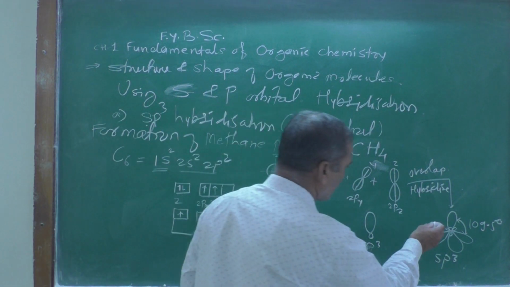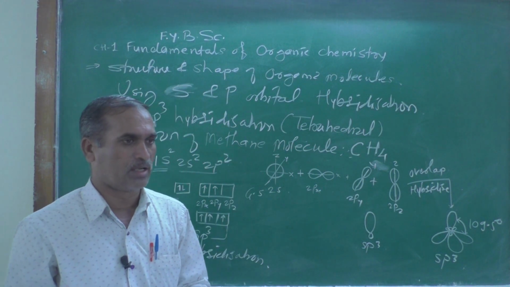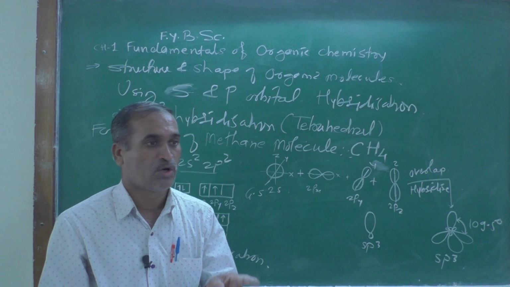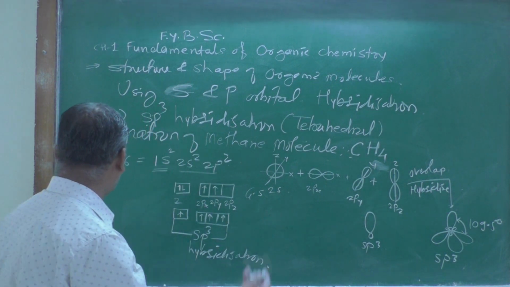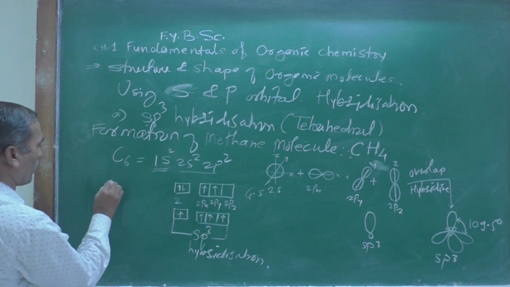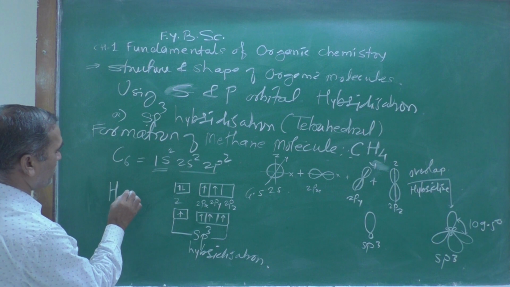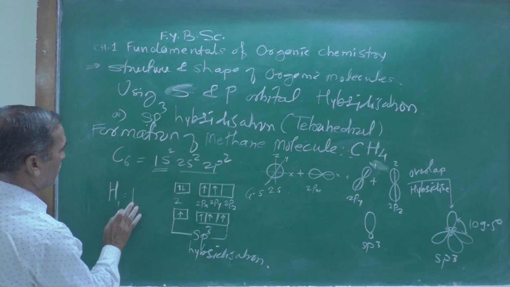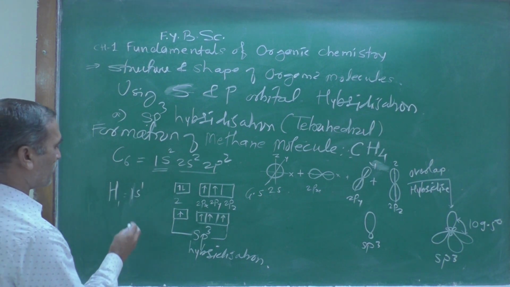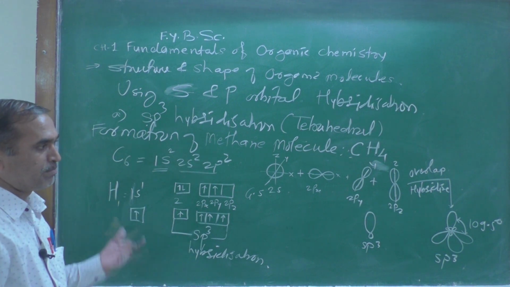Now these 4 sp3 hybrid orbitals overlap with 4 1s atomic orbitals. As we know, the hydrogen atom has atomic number 1 only, that is a 1s1 electronic configuration, and only one electron is present, an unpaired electron.